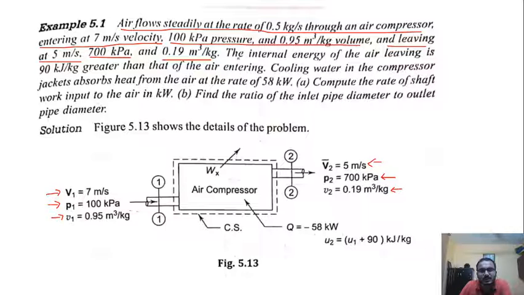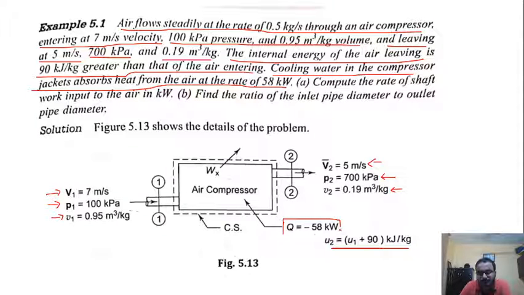The internal energy of air leaving is 90 kilojoule per kg greater than that of air entering. So we are only given internal energy difference. Cooling water in the compressor jacket absorbs the heat from the air at 58 kilowatts. So this is the heat rejection which is happening.